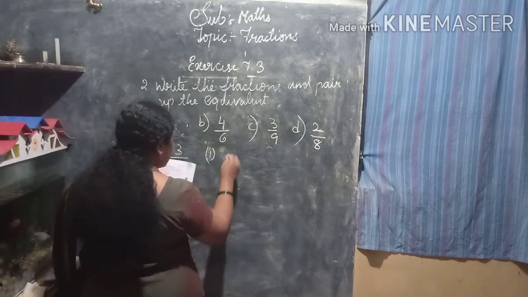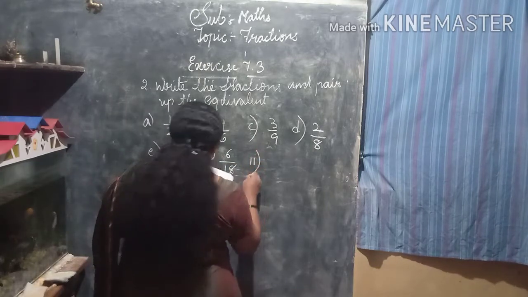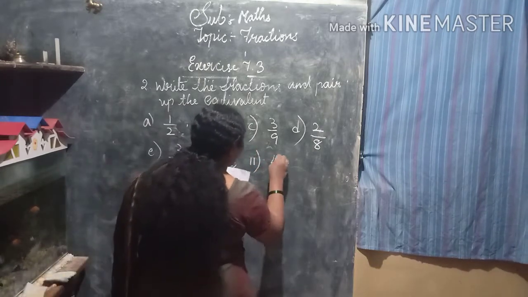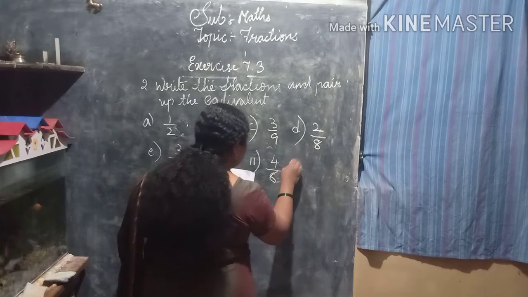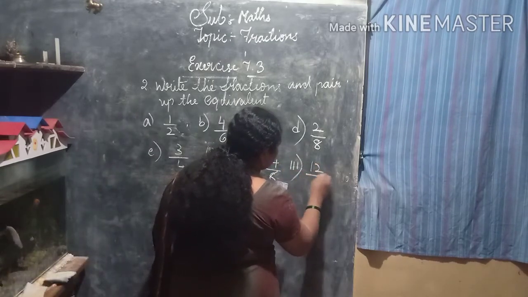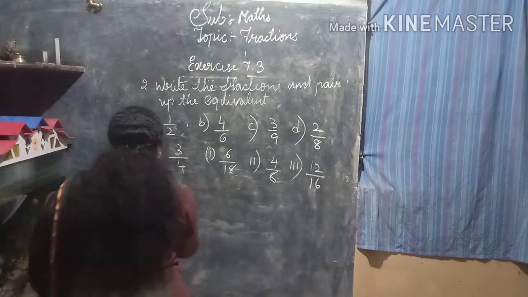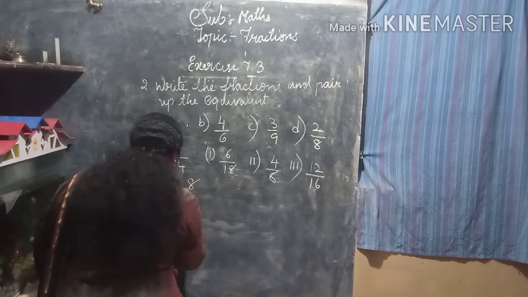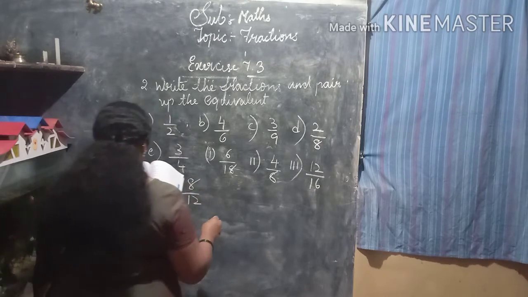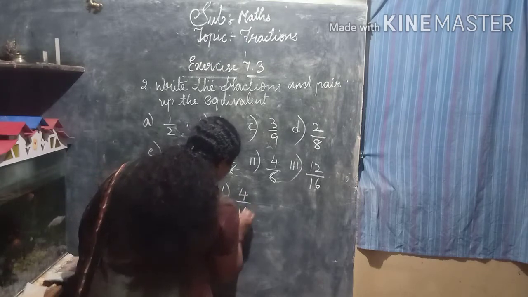Here 1 is 6 by 18. 2 is 4 by 8. 3 is 12 by 16. Okay. Again 4 is 8 by 12. And the last one, 5, is 4 by 16.